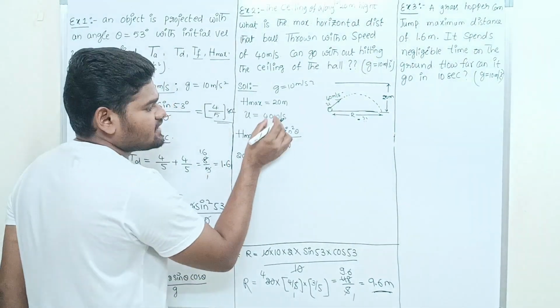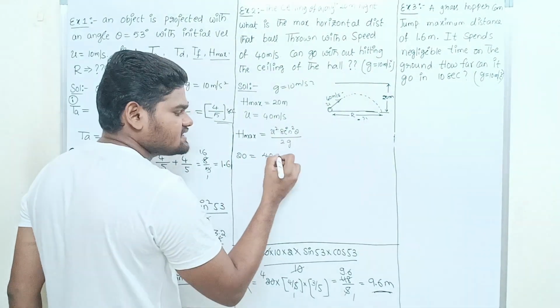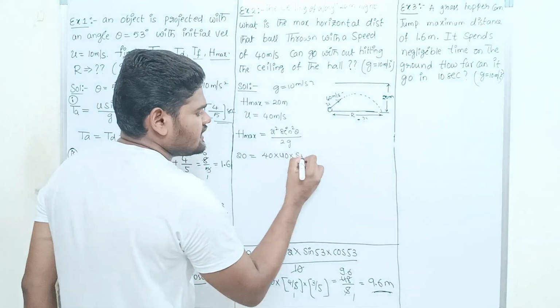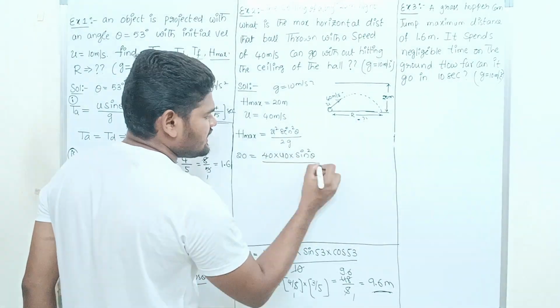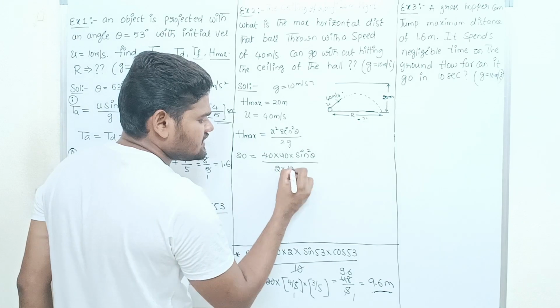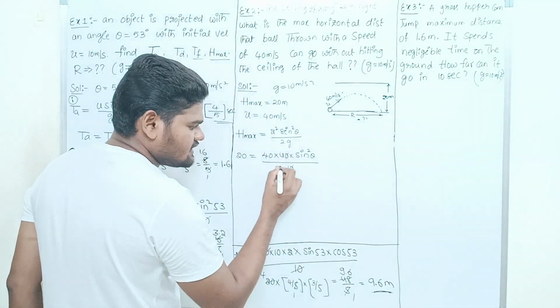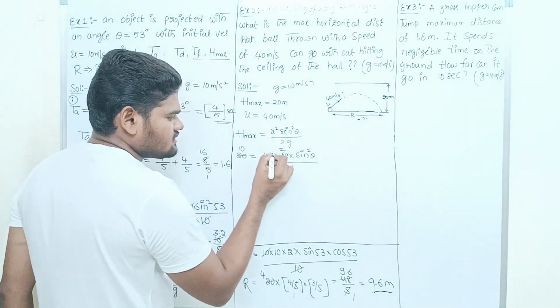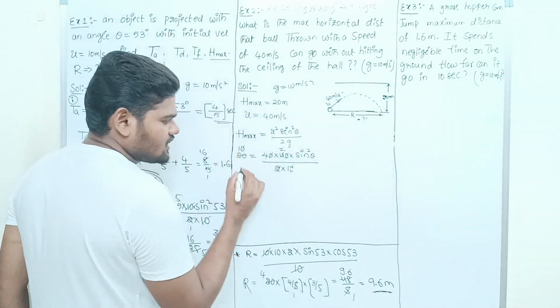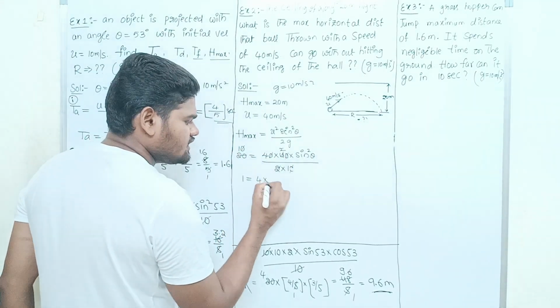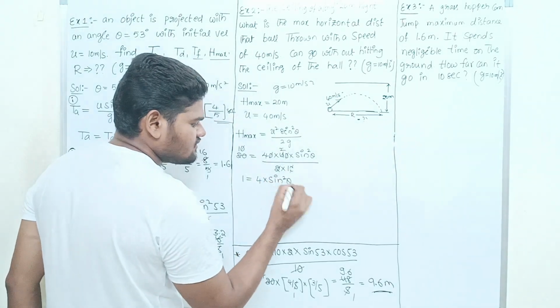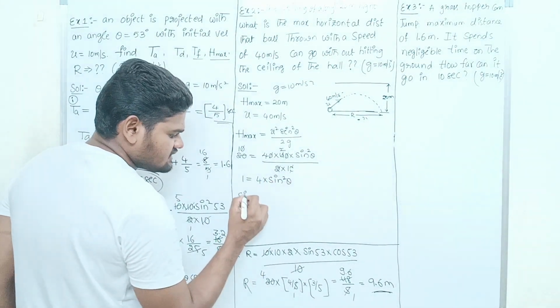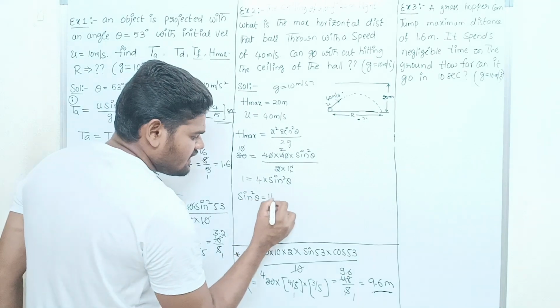That is equal to u square, u value is 40, 40 into 40 into sine square theta, we don't know the value of theta, divided by 2 into g value 10. So 10, 10 cut, 2 ones are 2, 2 twos are 4. So 1 is equal to 4 into sine square theta. From this, sine square theta is equal to 1 by 4.